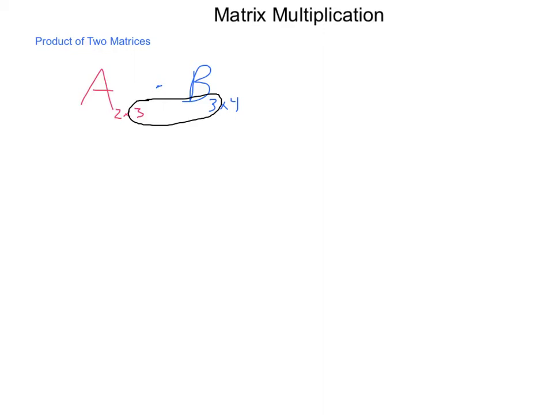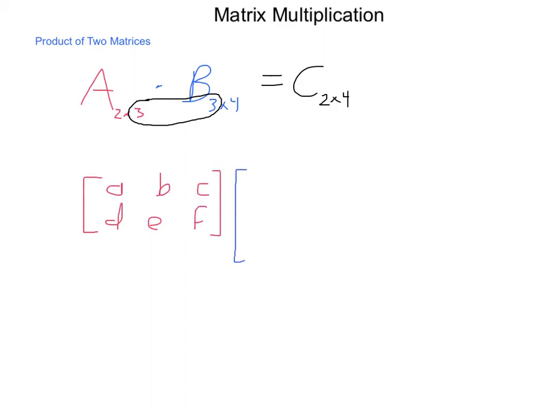We're going to have this equal a matrix, so it'll be matrix C, and the dimensions of C is going to be 2 by 4. The rows from the first one and the columns from the second. And the way this works, I'm going to develop just a veritable matrix A, 2 rows, 3 columns, so we have A, B, C, D, E, and F. We're going to multiply this by matrix B, which is a 3 by 4.